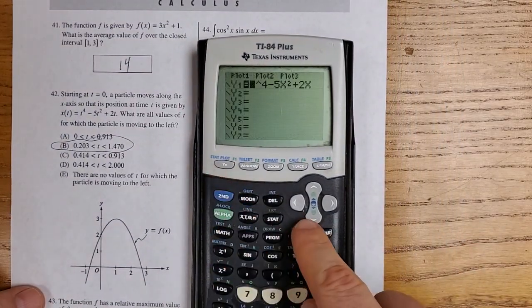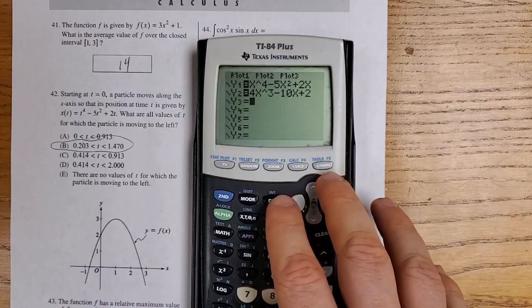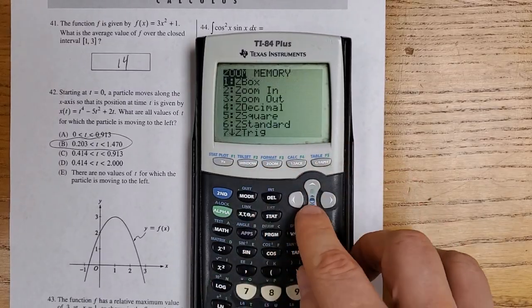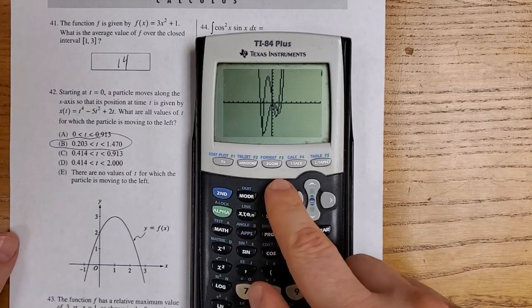The other thing we can do is pull the derivative really quickly. We're interested in where it's moving in a negative direction, meaning a negative slope. So if we take the first derivative really quickly, 10x plus 2, and then it's going to draw the second one.